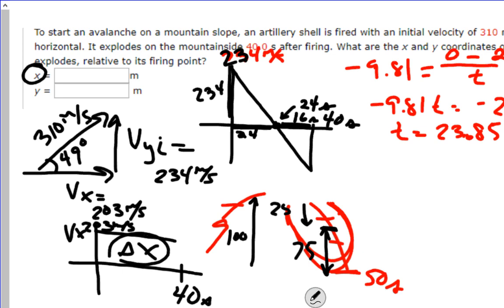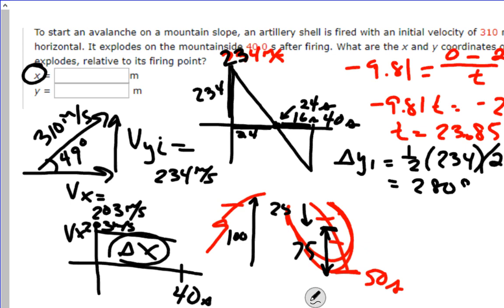So my first triangle is easy. 1/2, 234, 24. So meters up. That's my altitude. That's how high I go.